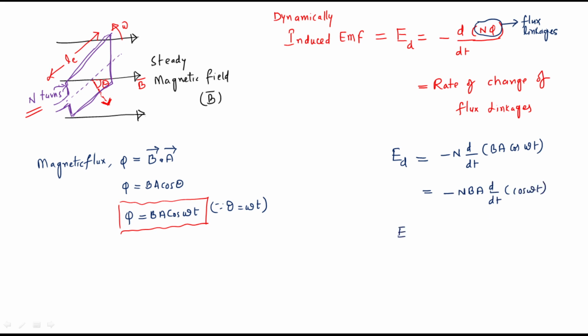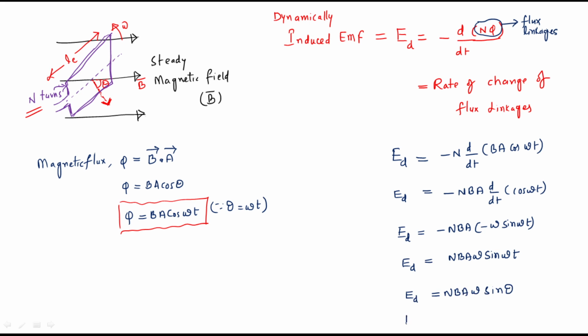From this, ED equals minus NBA times minus omega sin omega t. So finally ED equals NBA omega sin omega t. So the dynamically induced EMF equals NBA omega sin theta.